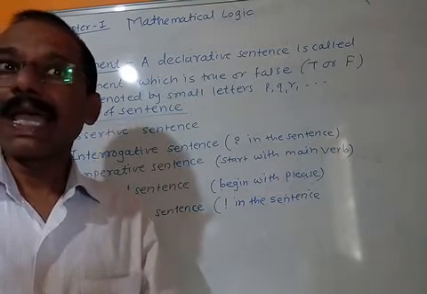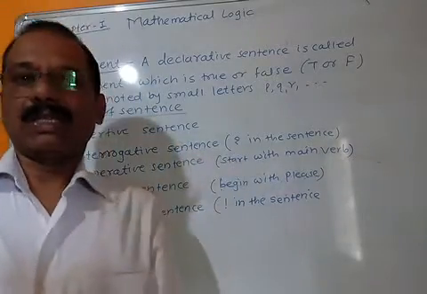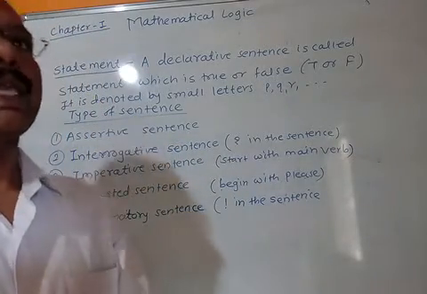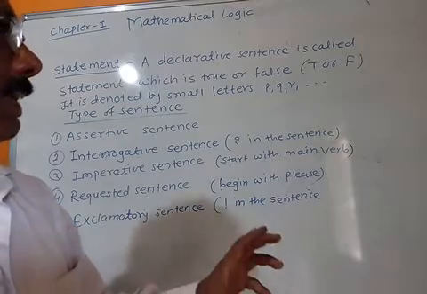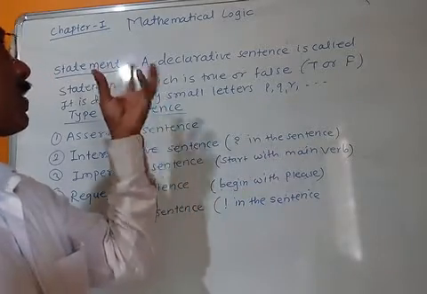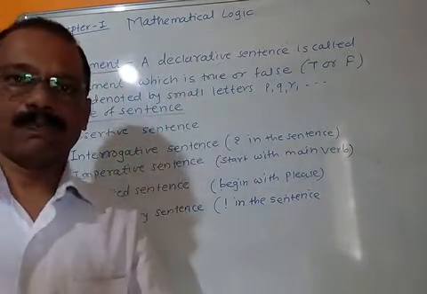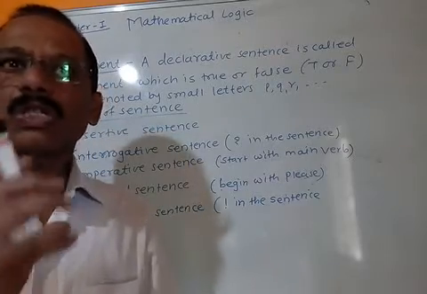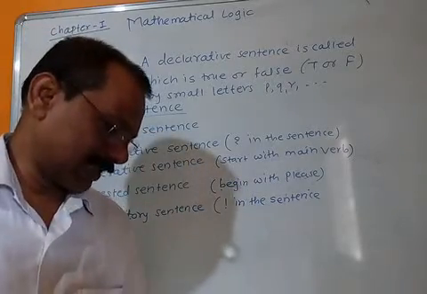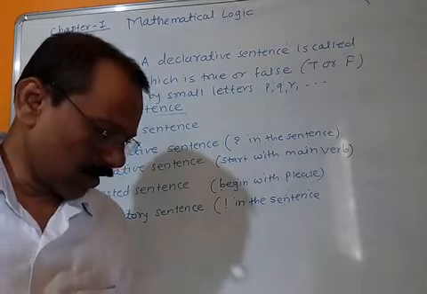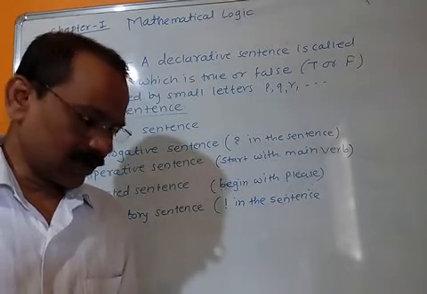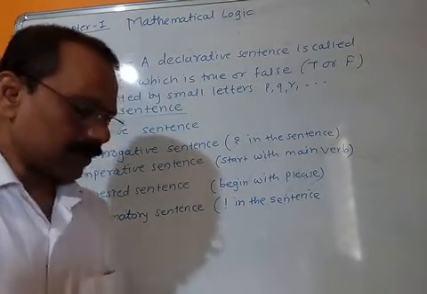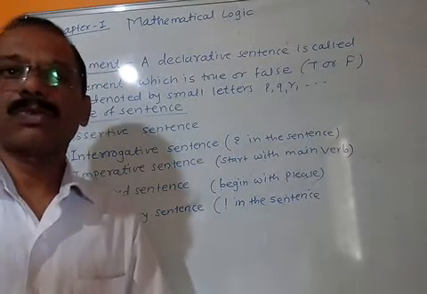Fourth is the requested sentence, and fifth is the exclamatory sentence. But here we are going to find the statements in mathematics: which are statements and which are not statements.